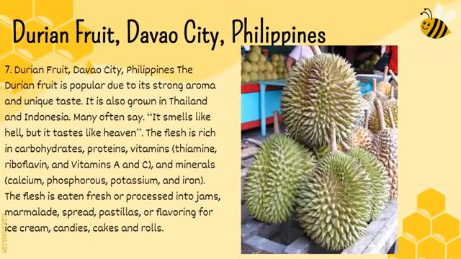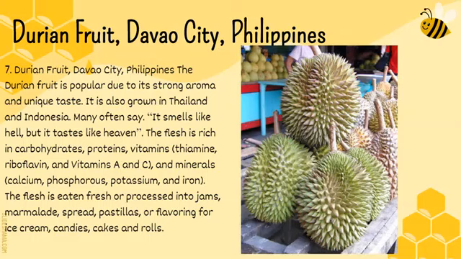Durian fruit, Davao City, Philippines. The durian fruit is popular due to its strong aroma and unique taste. It is also grown in Thailand and Indonesia. Many often say it smells like hell, but it tastes like heaven.